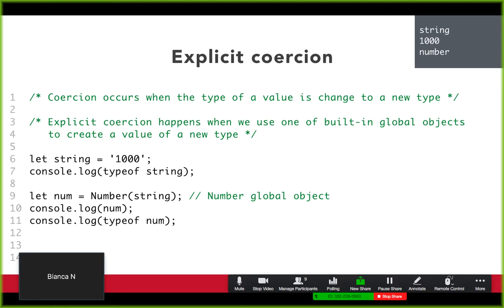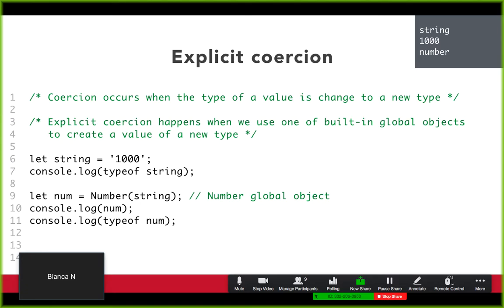On line 9, what I then do is I say, hey, take that string value, let's now feed it into the Number class, right? So I have a capital N, which indicates I'm using this Number class. I pass in string, and I store whatever Number gives back to me in this num variable. Once again, what the Number class will do is receive the string and do its absolute best to convert it into a number for me.